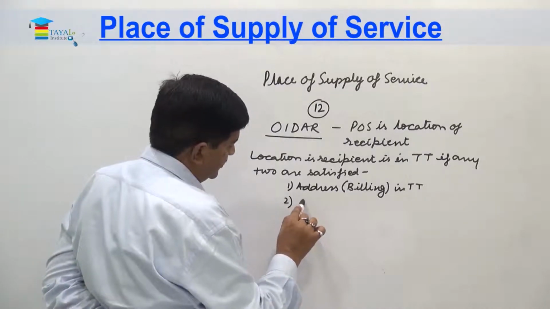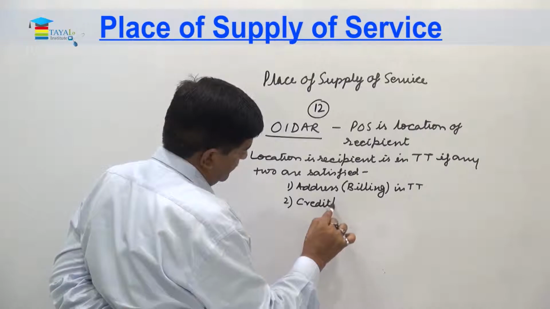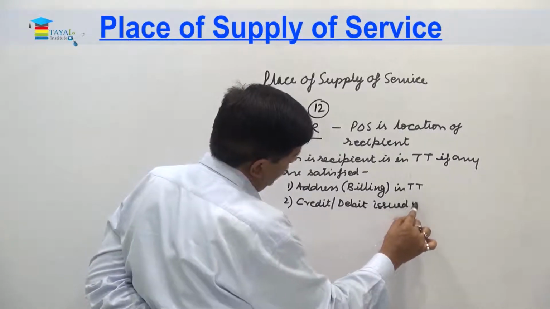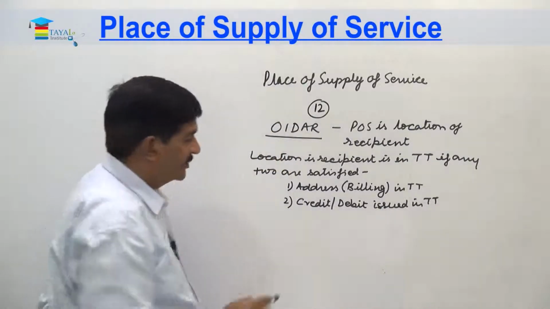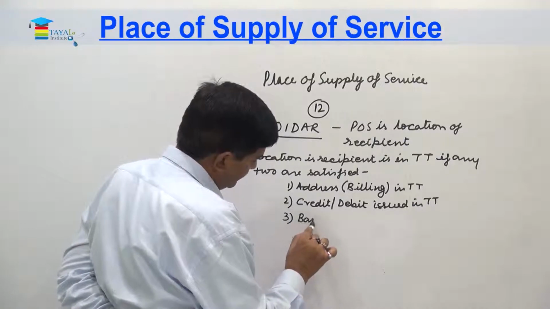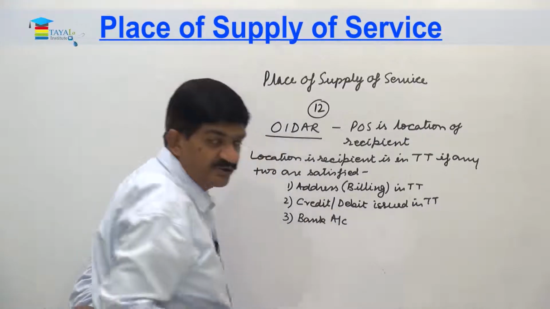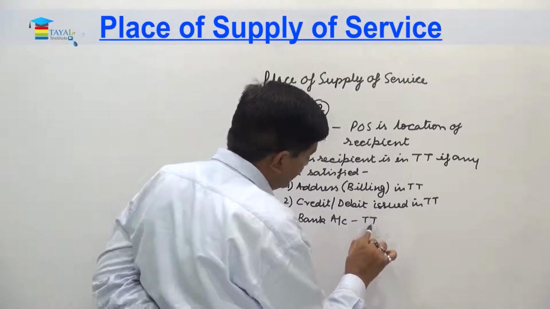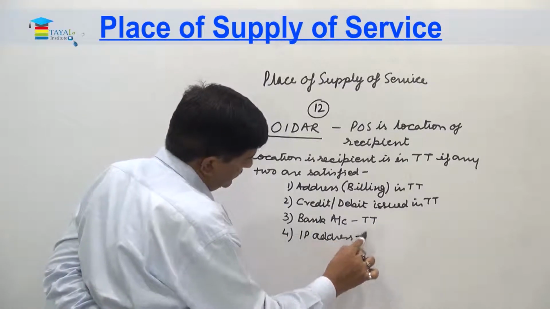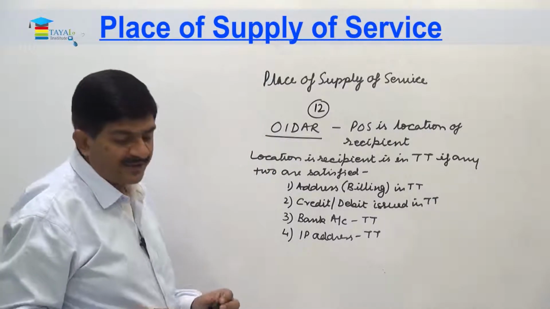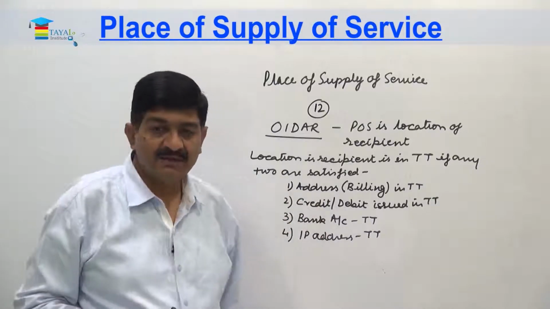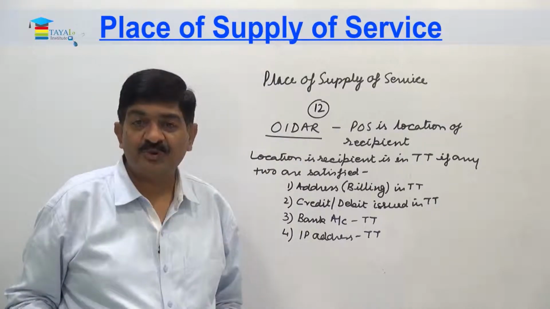Or credit card or debit card used that is issued in the taxable territory. Or bank account used for payment that is in the taxable territory. Or IP address used that is in the taxable territory. At least two must be satisfied to be considered that the services are received in the taxable territory, right? So this is subsection 12.